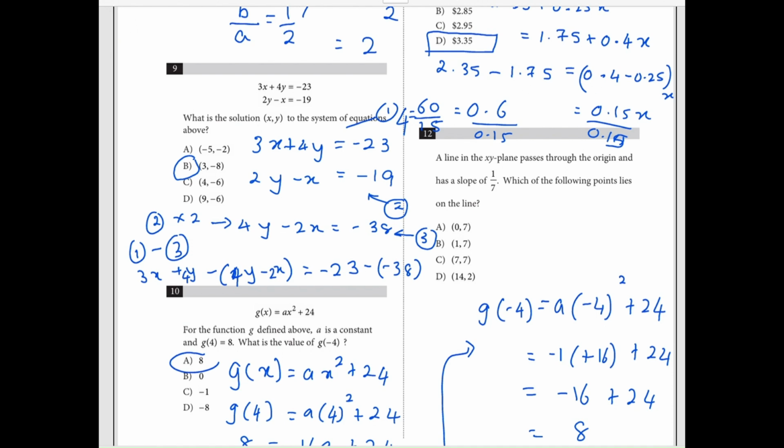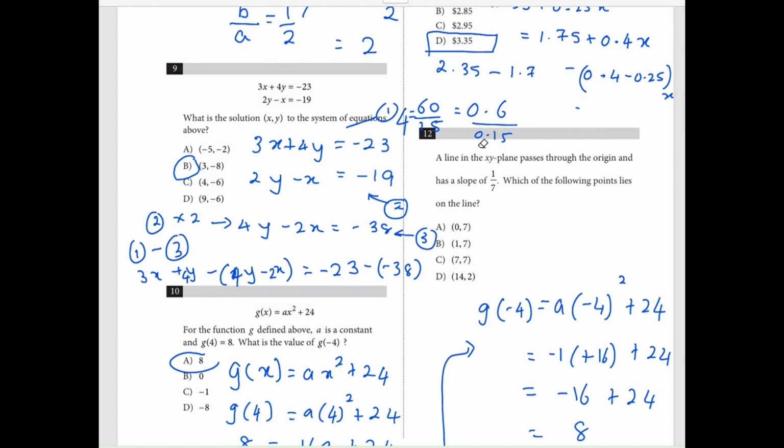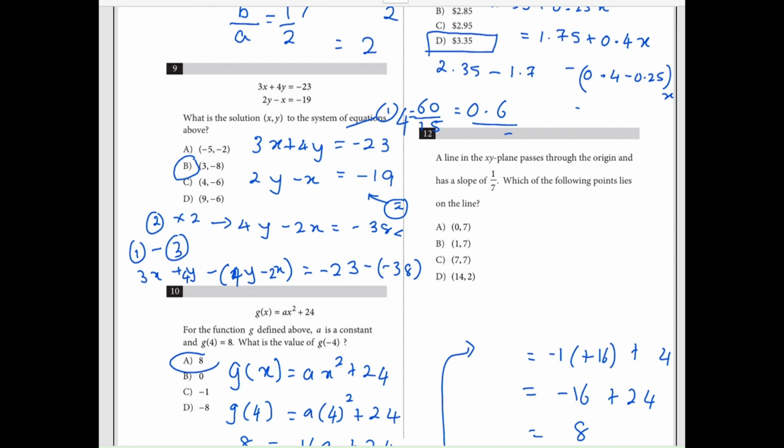Question number 12. Let me erase the unnecessary things. A line in the xy plane passes through the origin. Origin means the point (0, 0), and has a slope of m equals 1/7, the gradient.